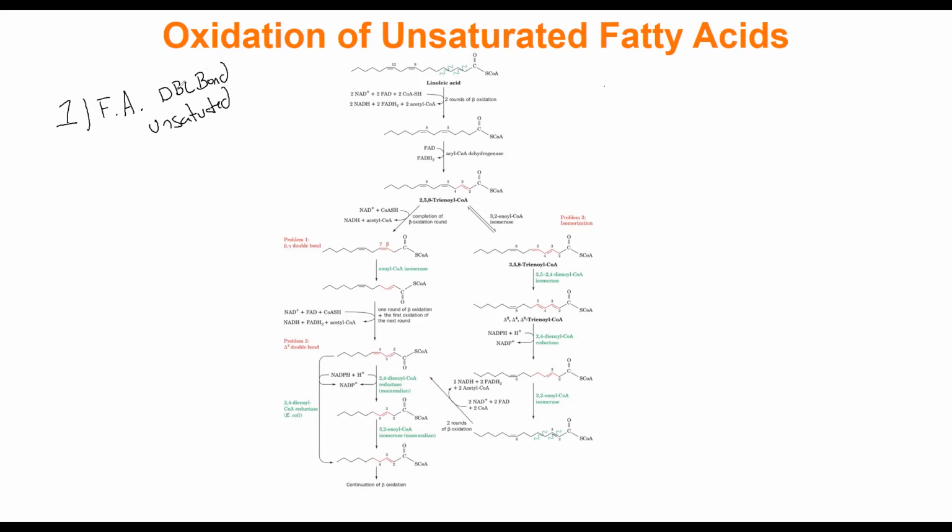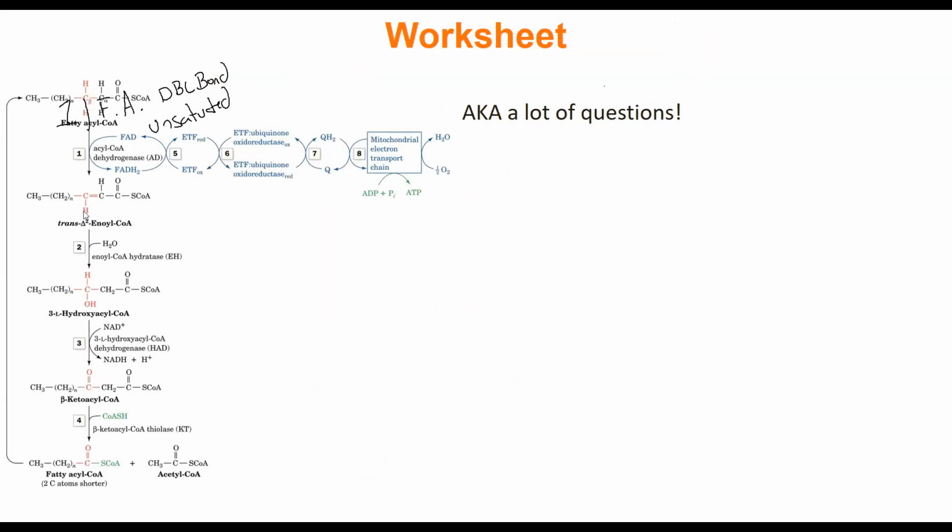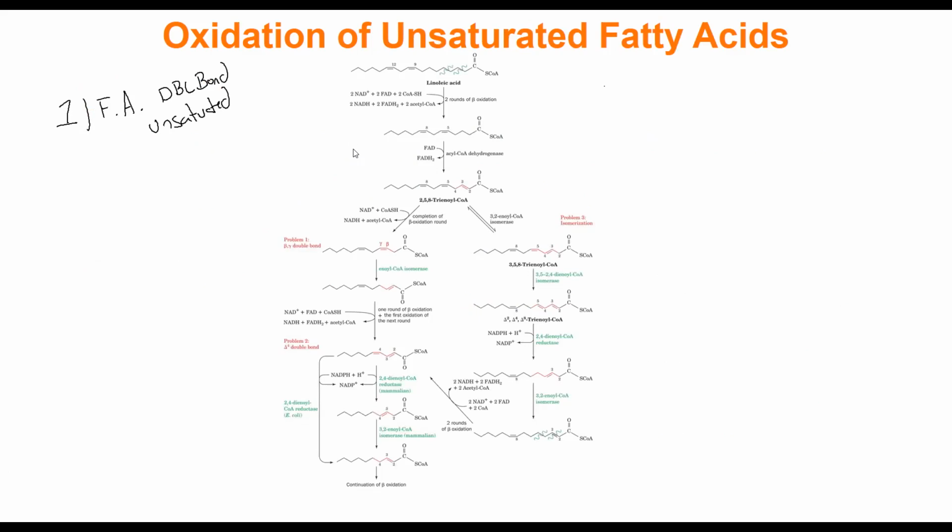Because if we go back to our process, right, our first step is making a double bond between the alpha and beta carbon. If there's already double bonds in the structure of our fatty acid, this can cause problems. So that's what we're going to look at first. But just to give you an idea of things to come, our second problem in breaking down fatty acids is if you have an odd number of carbons in the fatty acid.